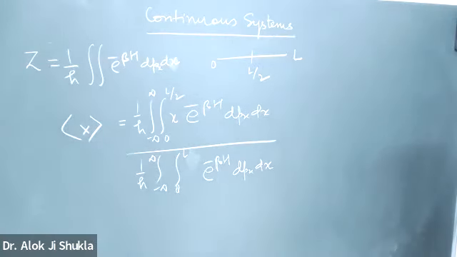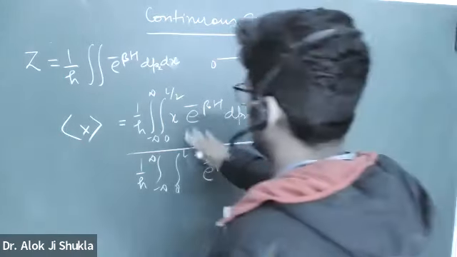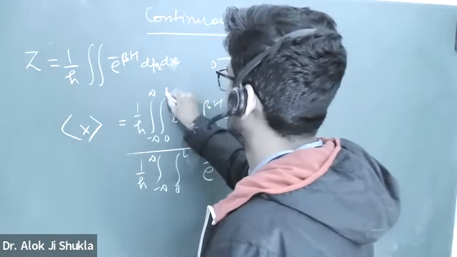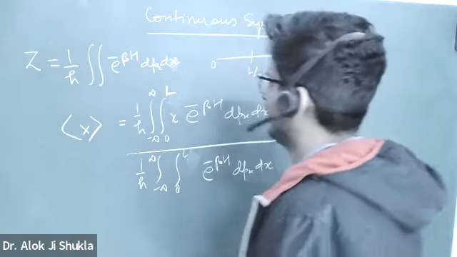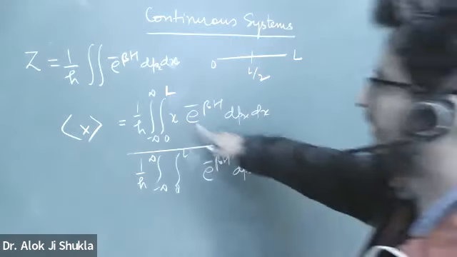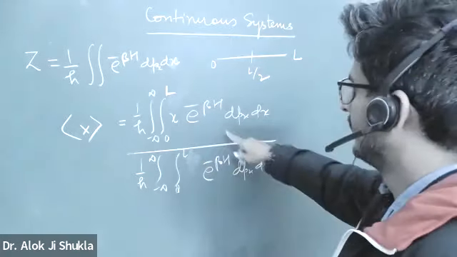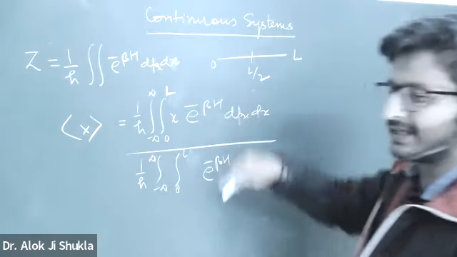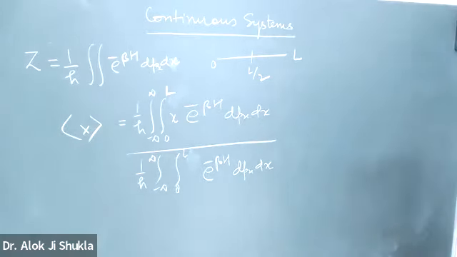सर ऊपर लिमिट 0 to L होगा ना? Now I am calculating the average value, not the probability between 0 to L/2. Average of x. So please see, x will enter here. So now what will happen? This will be still for that gas where potential is 0.